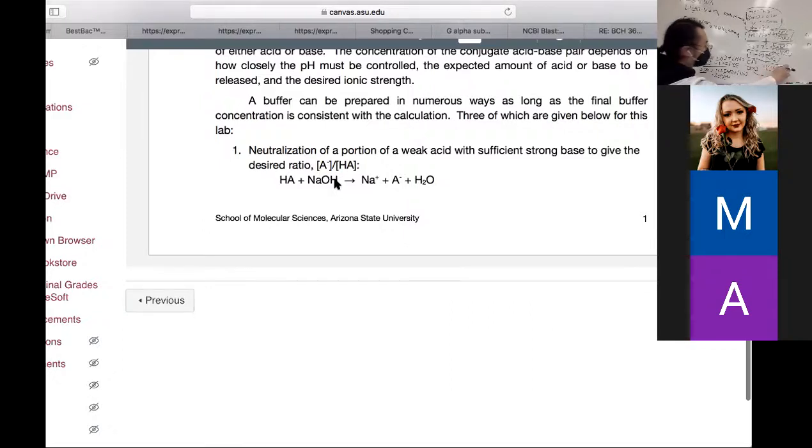Does that make sense? Okay. Now, this is actually not 100% correct, but like I said, the concentration of A minus plus the concentration of HA should equal 0.1 molar.